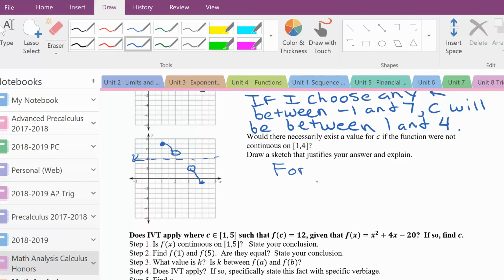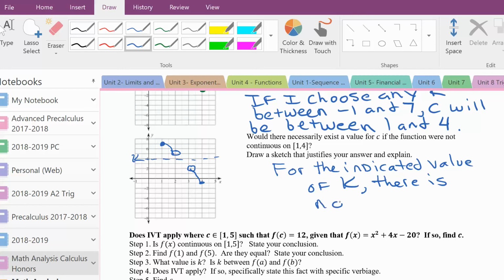So notice there's a k value here at 4 that is not continuous, that there's no value for. So for the indicated value k here, there is no corresponding c value.